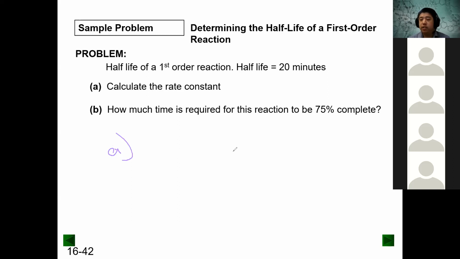So we can keep it as minutes if we need to, or minutes^-1. You don't have to change that. So once again, we have the 20 minutes here, right? We know this is 0.693 divided by k. I simply swap the two of these. So it becomes 0.693 divided by 20. So if you could enter that into a calculator for me, go ahead and do so.